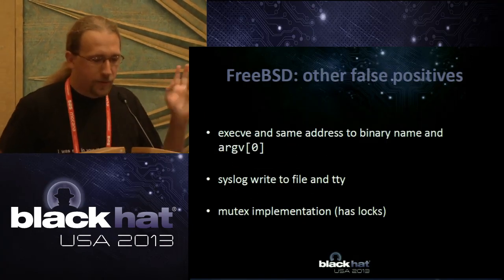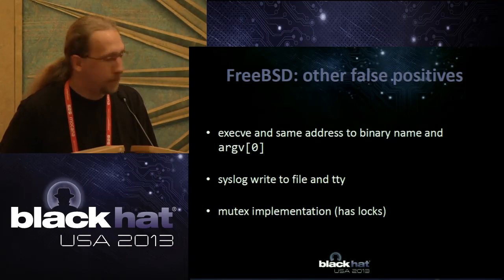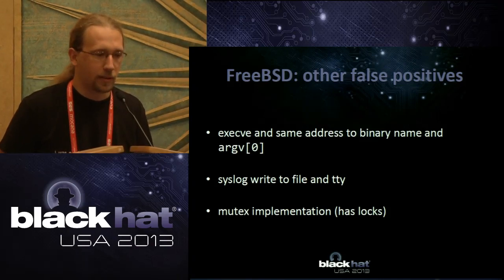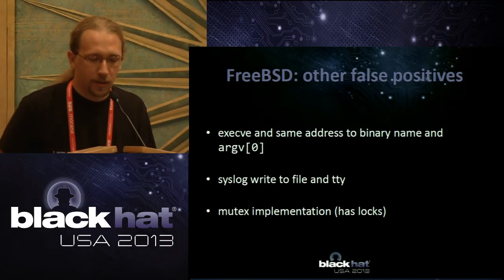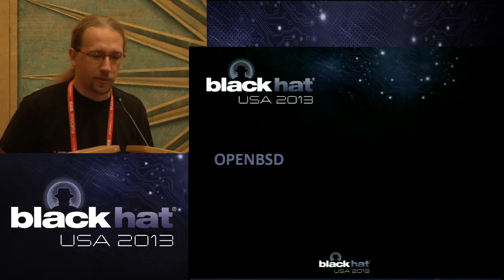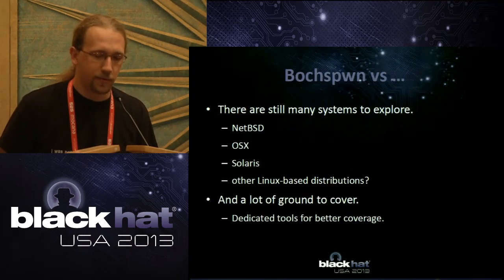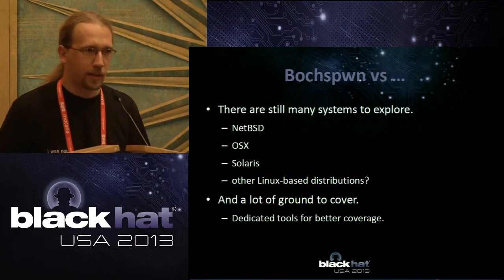There were also some other false positives. As Mateusz said, we'll be releasing the logs on our blogs really soon, maybe tomorrow or in a few days, so you can take a look at the other false positives as well. I'm going to skip OpenBSD because this is still work in progress. There is some data on the slides if you would like to take a look.